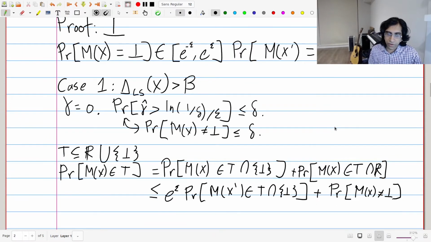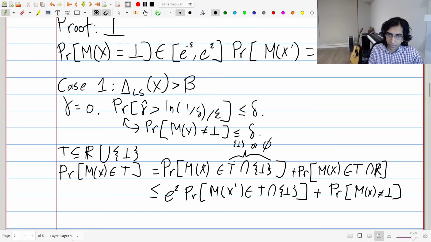One thing to observe here is that for any outcome which is a subset of the real numbers union bot, this can be one of two things. If they intersect, then it'll just be the singleton item bot, or if they don't intersect, it can just be the empty set.